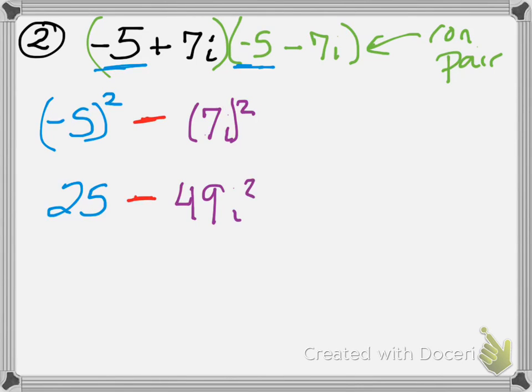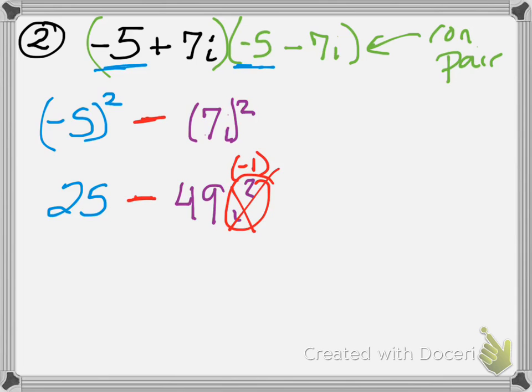I squared. Remember when we have an i squared, it changes into a what? -1. So going back to our multiplication lesson, remember that those i squareds change into a -1.